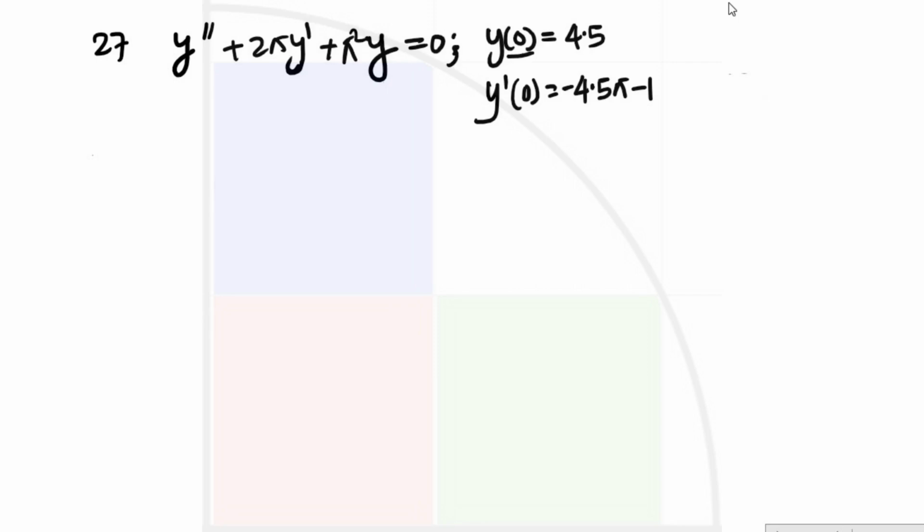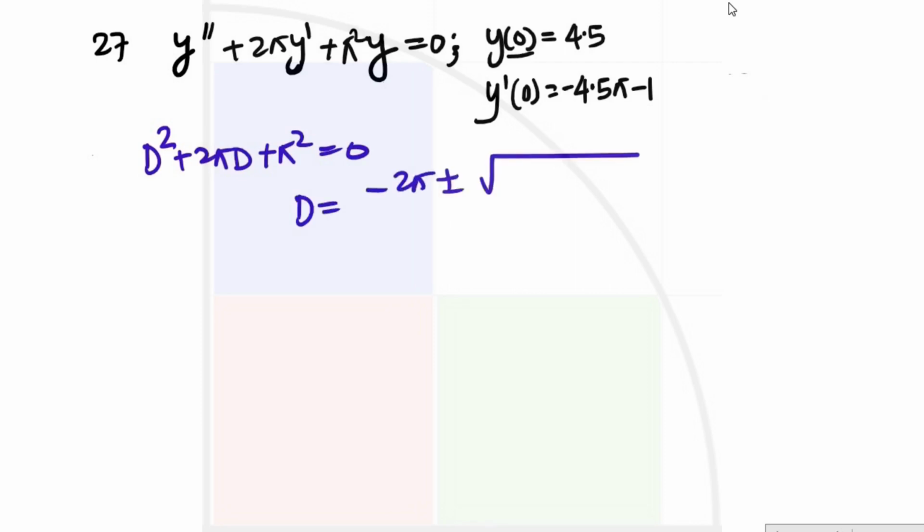So our auxiliary equation will become d square plus 2 pi d plus pi square is equal to 0, and this will give us d is equal to minus 2 pi plus minus square root of 4 pi square minus 4 times 1 times pi square, divided by 2, which is equal to minus pi. So this is the case of equal and real roots.